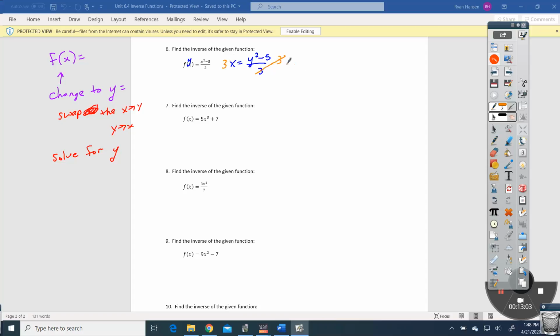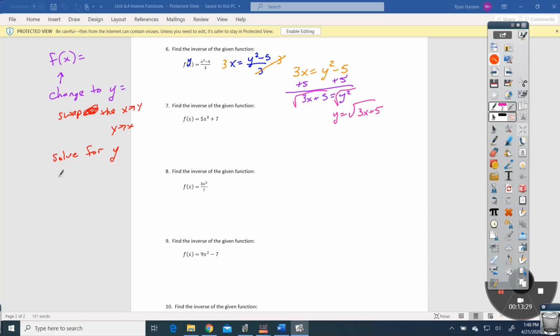So I have 3x equals y squared minus 5. My next step would be plus 5 to each side. Because this doesn't have a variable, I cannot combine it. So it's now 3x plus 5 equals y squared. Now to get rid of the squared, we square root it. So y equals the square root of 3x plus 5.